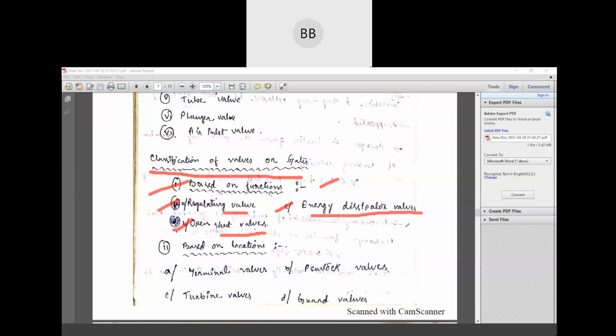Energy dissipator valve. Then you write next one is based on location. This is your terminal valves, penstock valves, turbine valves, and guard valves.